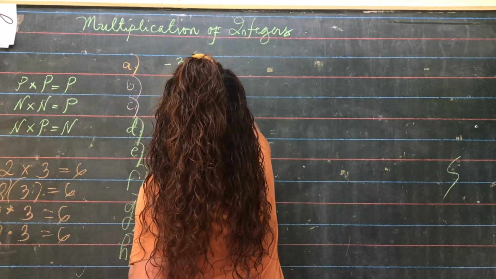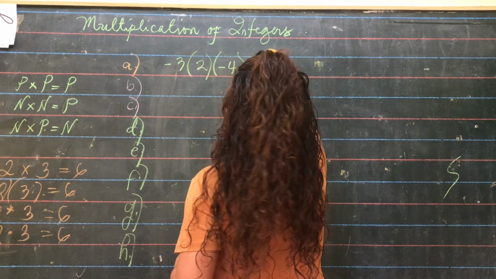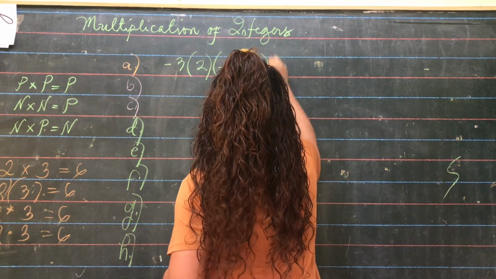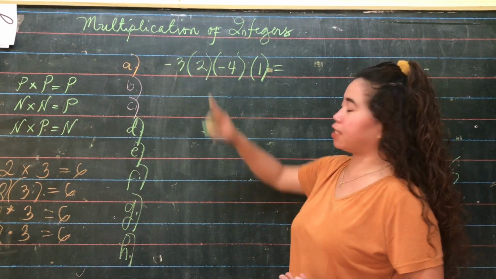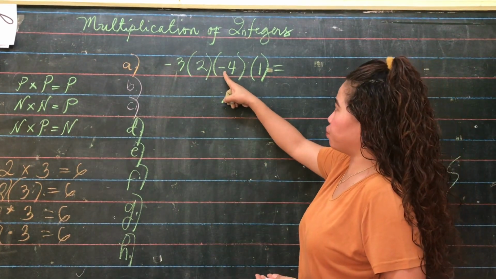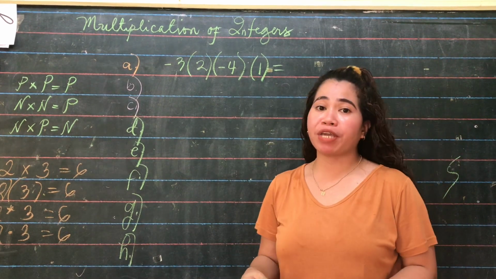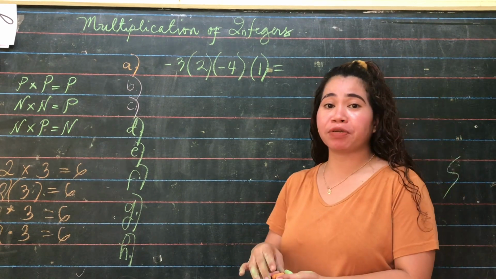Negative 3 times 2 times negative 4 times positive 1 equals... negative gi-multiply sa positive, multiplied again to negative, multiplied to positive. So, ihap ta kung pila ka ba negative numbers gi-multiply. Pwede ra tagmano-mano, pwede ra diretso.